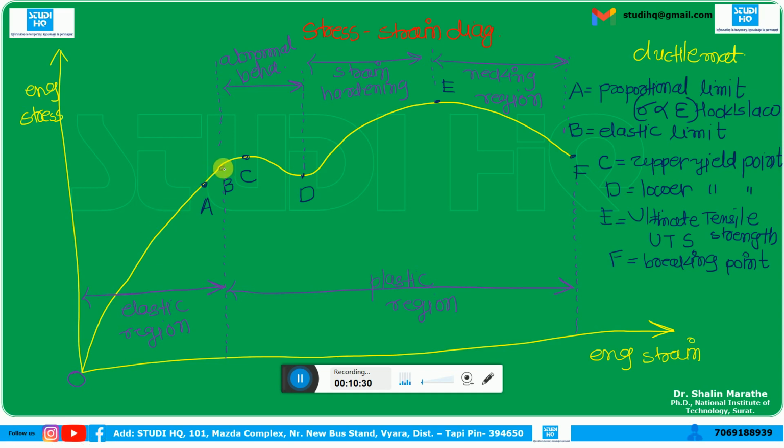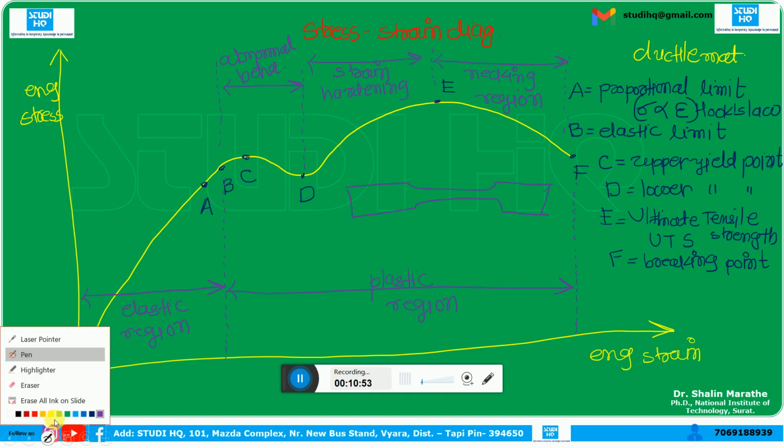Then we have the point B. So let us say this is how the specimen looks, for tensile test specimen. It can be a rod, it can be a strip.